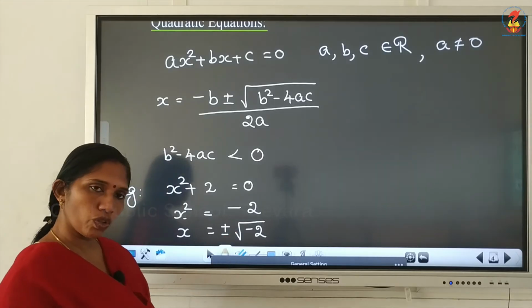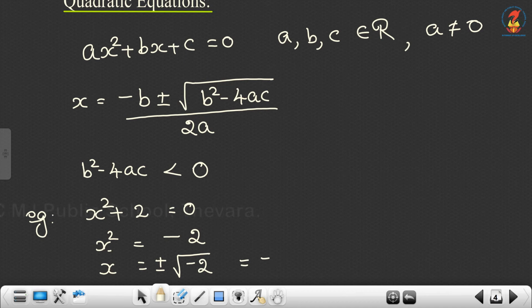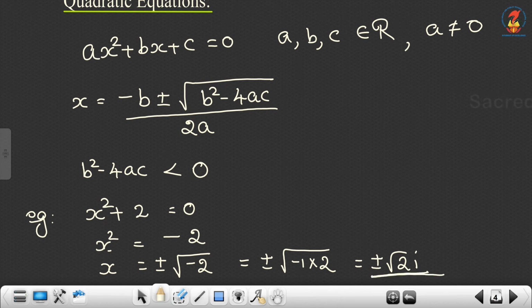So, how to write root of minus 2? Last class we studied that root of minus 2 is the same as root of minus 1 into 2, and root minus 1 is i. So, we can write plus or minus root 2 i. So, the roots are imaginary. If i is there, then that is known as an imaginary number. So, the roots are plus root 2 i and minus root 2 i.